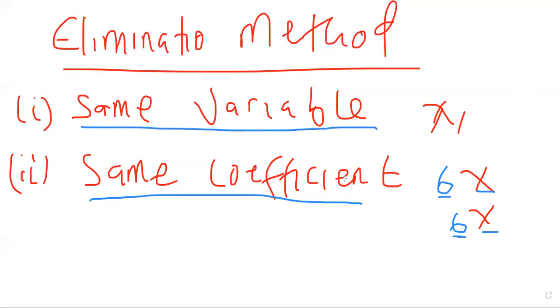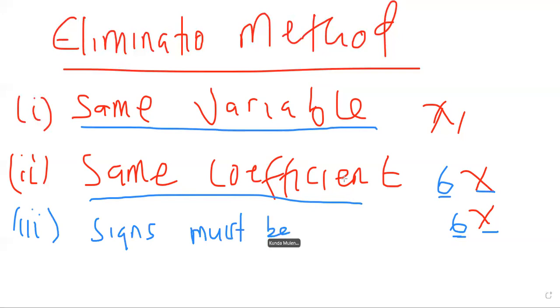Okay, I will explain how to verify. Then the other one is that the part that we want to eliminate must have the third one, the signs. A sign might be a plus, might be a minus. The signs must be different.